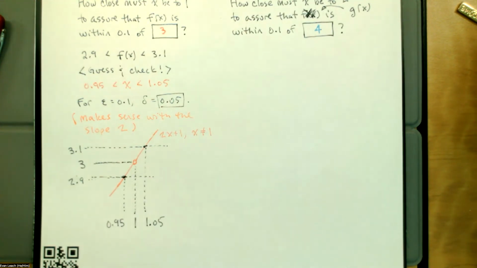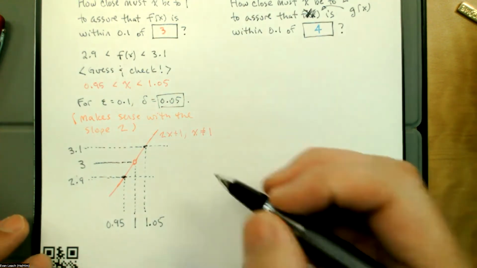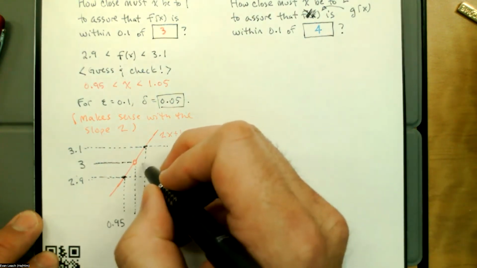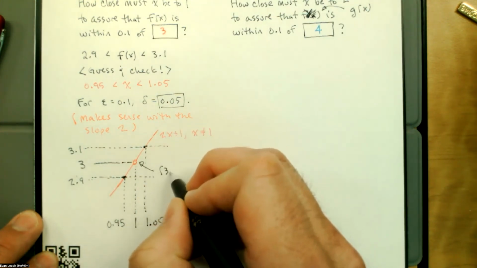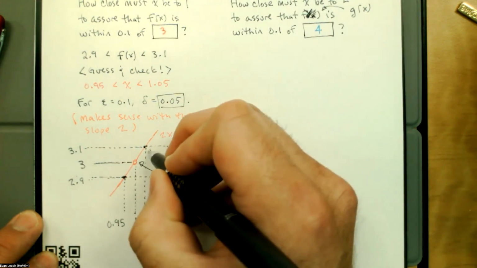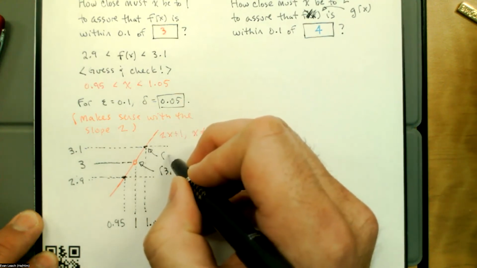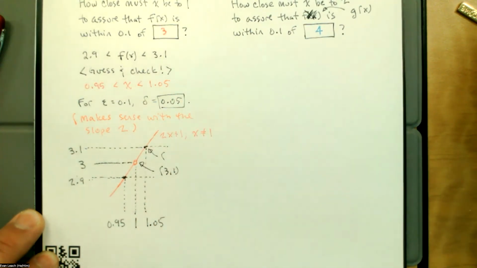So if we go from 3 to 3.1, the delta y was 0.1. And since the slope is 2, the delta x has to be 0.05. So here's our slope of 2. Oops, I wrote it backwards.